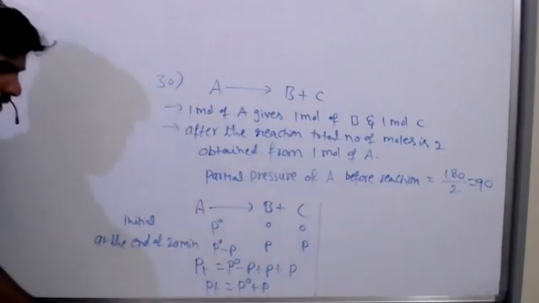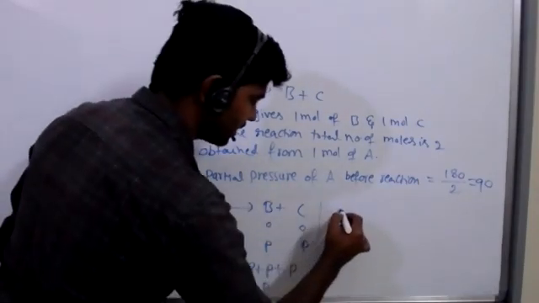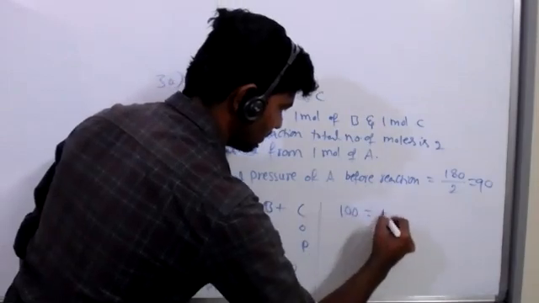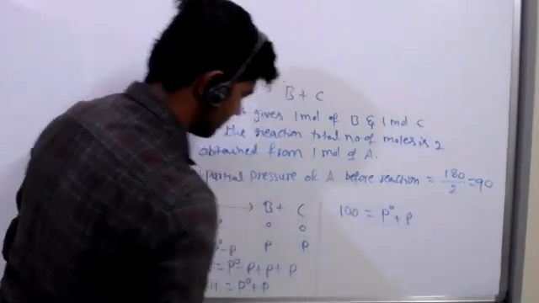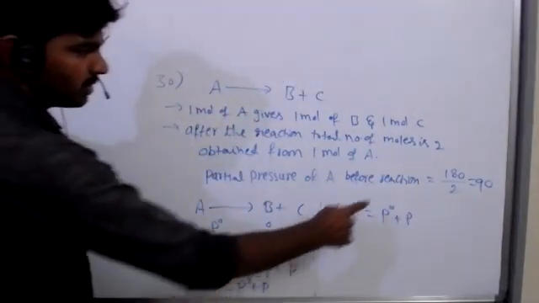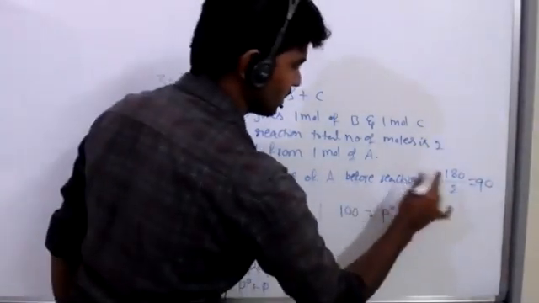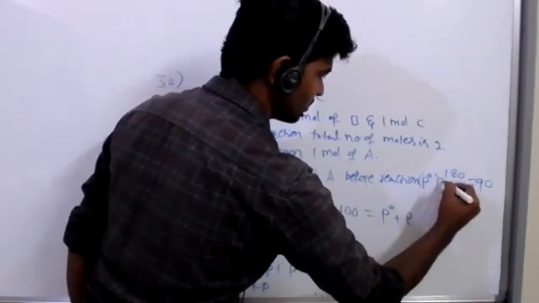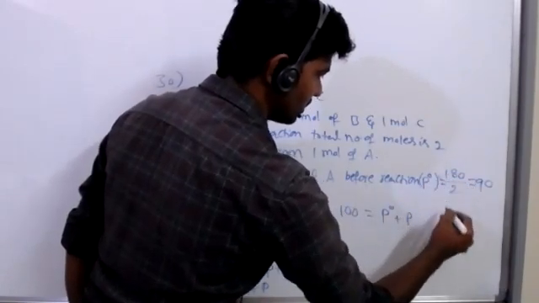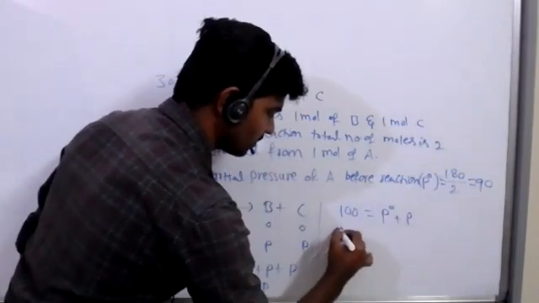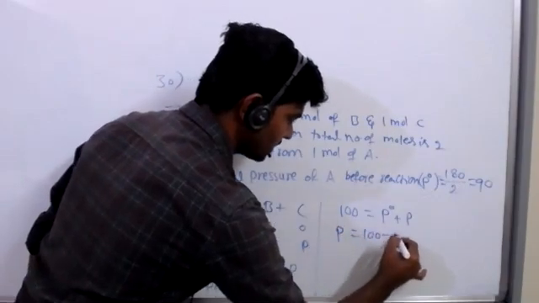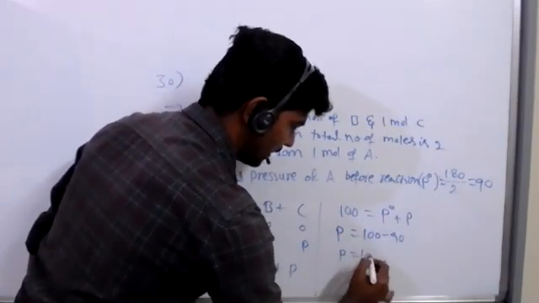P total is already given in the problem. P total is 100, equal to P0 plus P. P0 is only the partial pressure of A before the reaction, that will be treated as P0, which is 90. So now P is equal to 100 minus 90, which is 10.